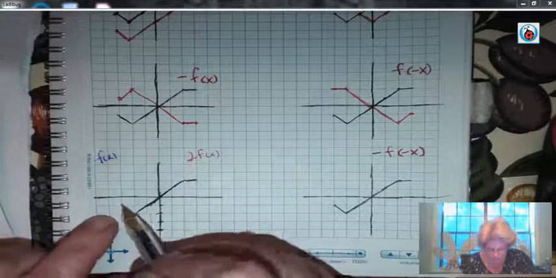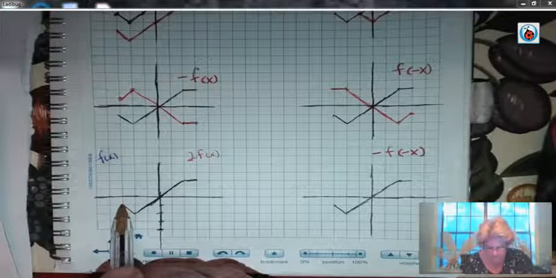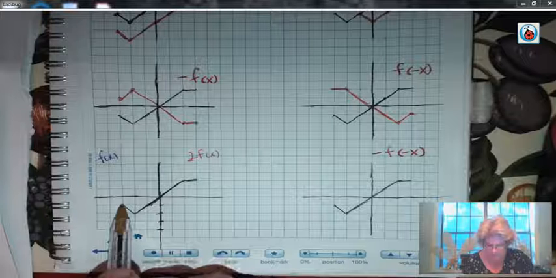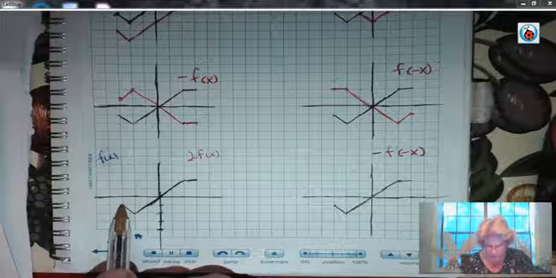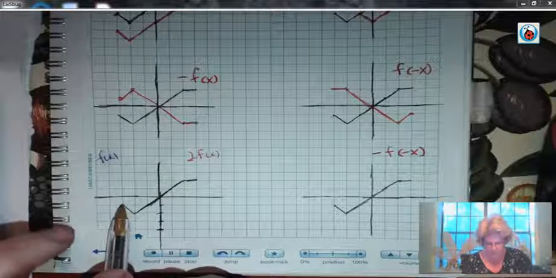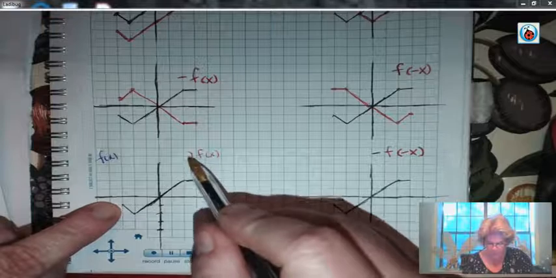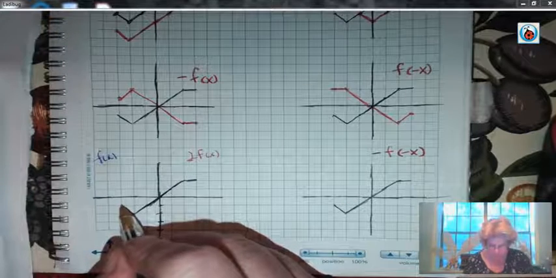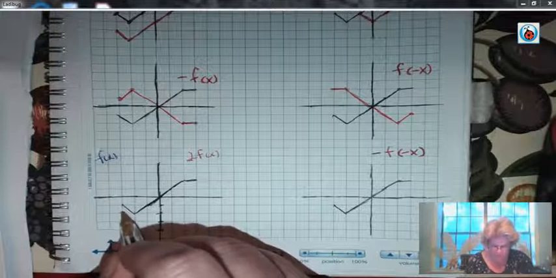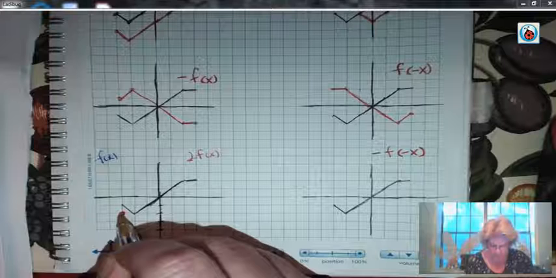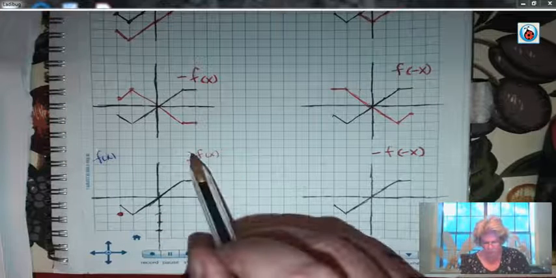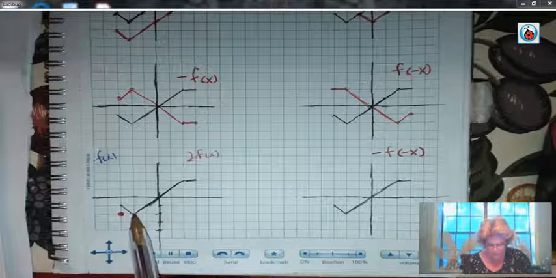So, if I look at this point, the x-coordinate will be the same. The y-coordinate of this point is -1, so the new y-coordinate will be 2 times -1, which is -2. So the x-coordinate stays the same, but the y-coordinate will be multiplied by 2. What about this point?